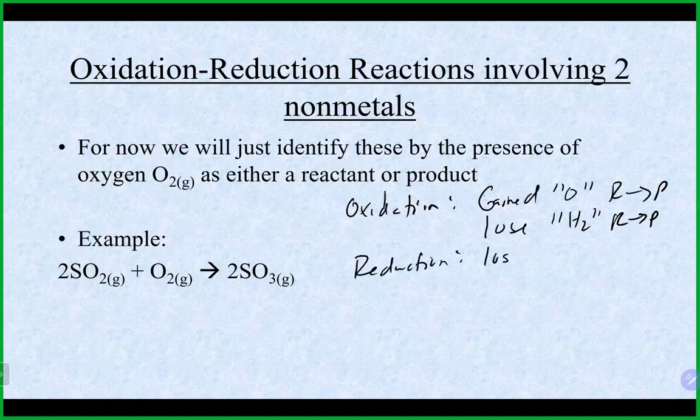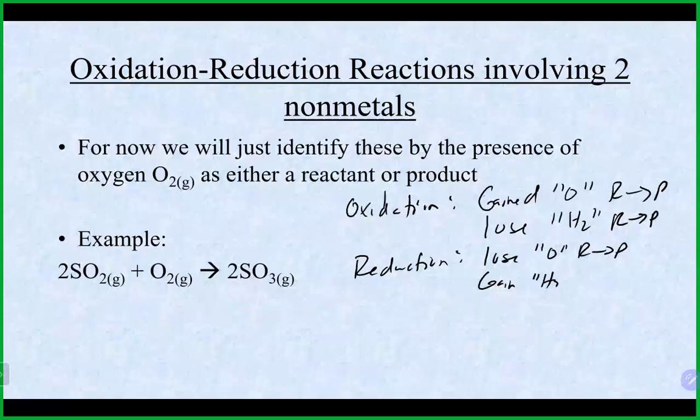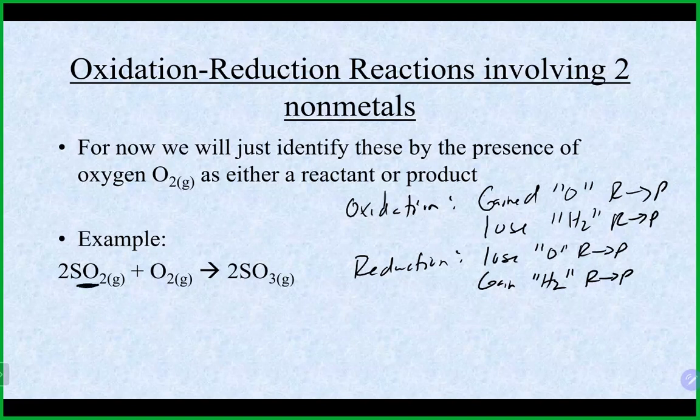is that it loses oxygen as it goes from reactants to products and gains hydrogen as it goes from reactants to products. So again, we probably won't see too much of it, but if we look at this particular example here, we can look at the sulfur, and the sulfur in this case has gained some oxygens as it went from left to right, which means the sulfur in this case is going to be oxidized, while our oxygen here pretty much goes away.